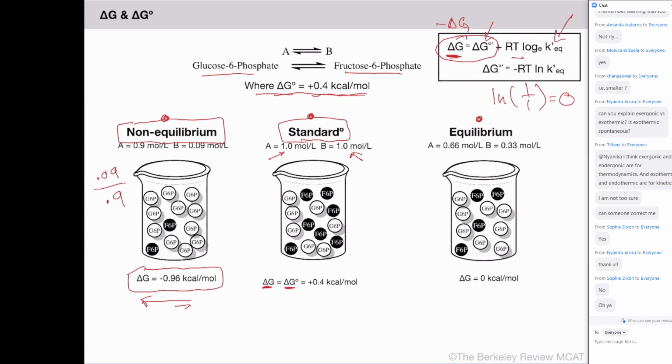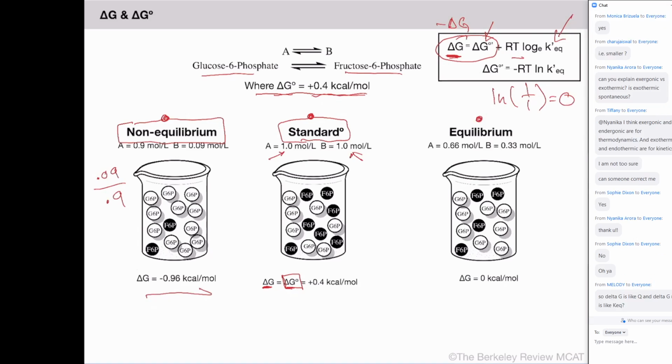Okay. And so under standard conditions, it's delta G naught that's going to be able to predict which way the reaction goes. And in this case, sorry, I messed this one up, flipped it. Delta G naught is positive, so it's actually going to favor this direction. Do you guys see that?